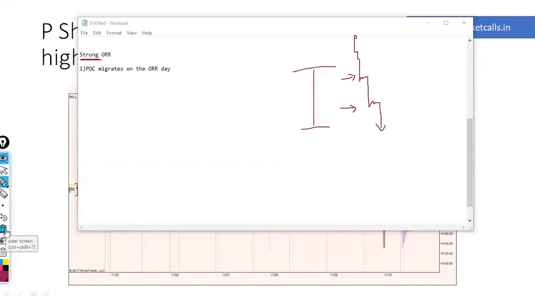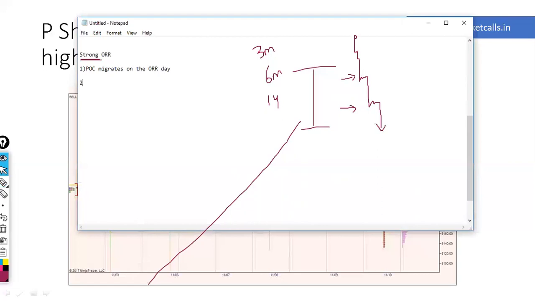And the second thing is where this point of control is forming, that really matters. After a sustained uptrend, if it's coming at a 3-month high, a 6-month high, a multi-month high, or let's say a 1-year high, that kind of ORR could also be a form of potential market top. So if you are seeing an ORR with a POC migration coming at a major swing high, that could be a strong ORR.